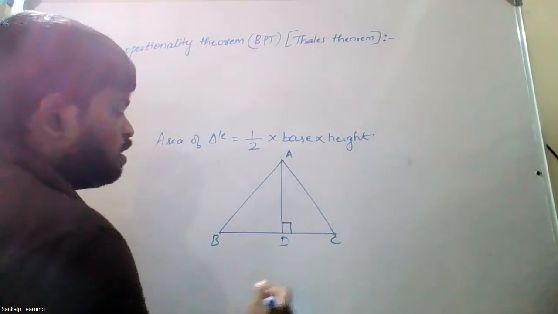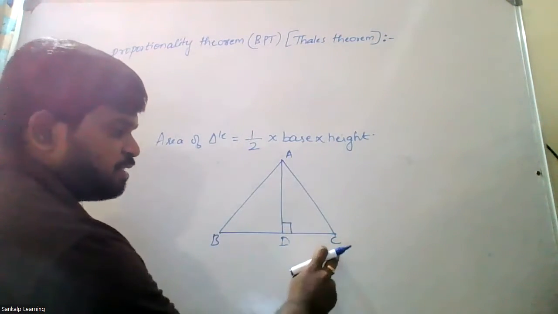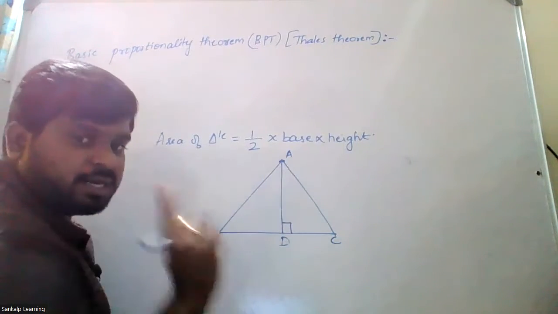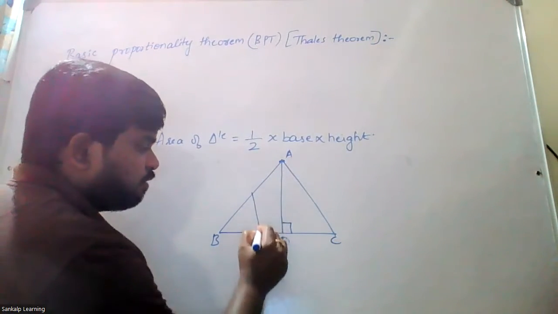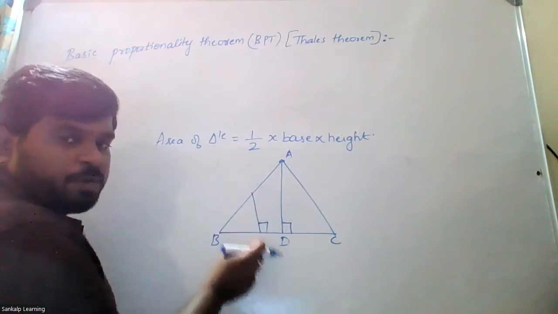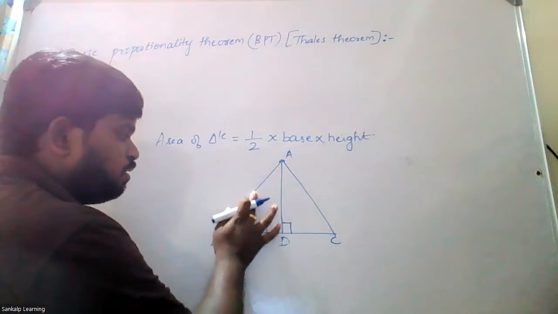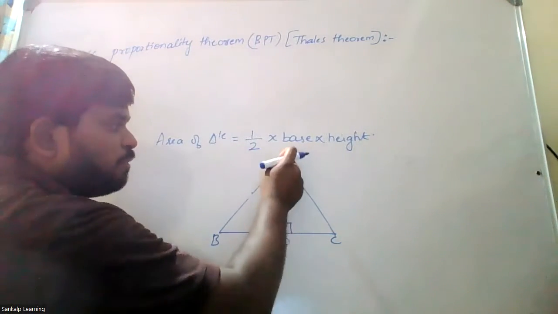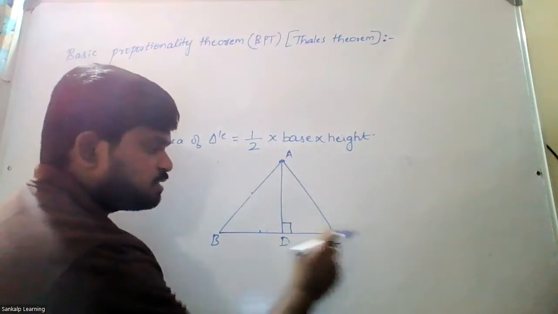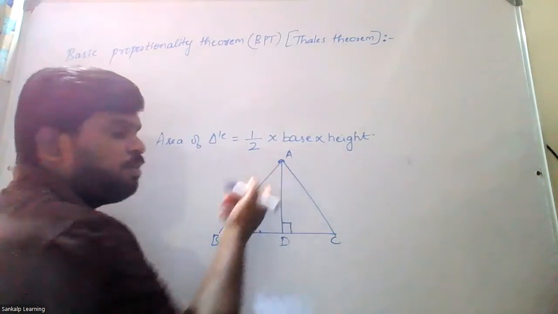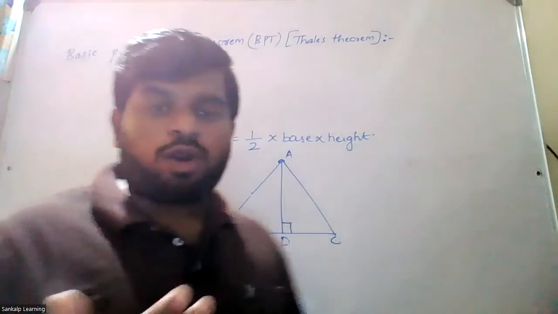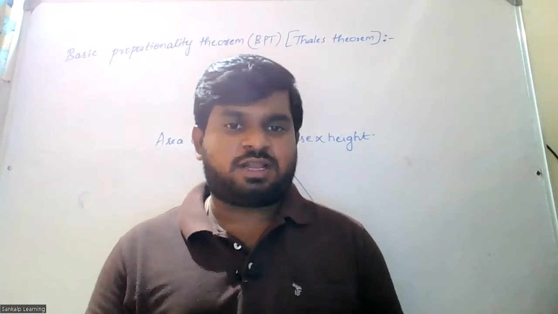Okay, so I can take this as the base. If this is the base, you cannot have the perpendicular from somewhere else. This might be a perpendicular, but this is not the height, isn't it? It is from the top to the bottom, right? If you take this as the base, which will be the top? A will be the top, right? So if you want to find the height of me or yourself, what do you do?